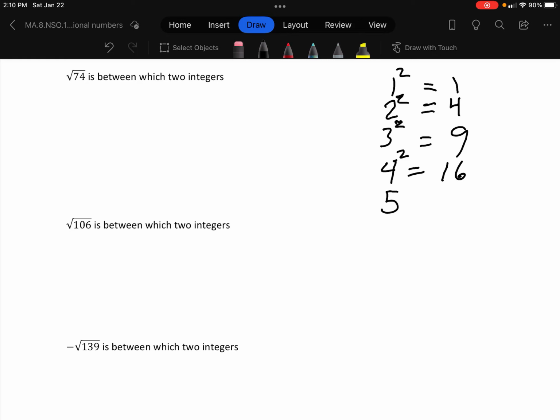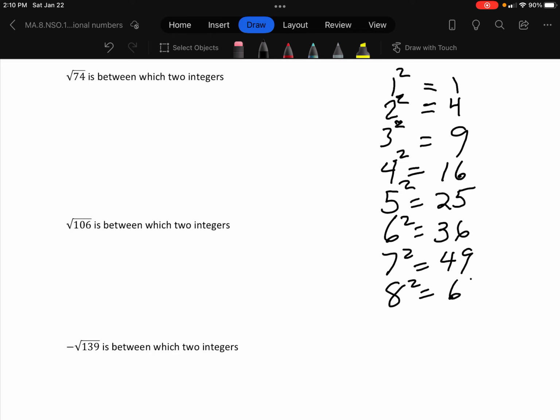Then 5 squared is 25. 6 squared is 36. 7 squared is 49. 8 squared is 64. 9 squared is 81. 10 squared is 100, and I'm going to stop right here. It is very convenient to memorize at least the first 10 perfect squares because you are going to be using them a lot.